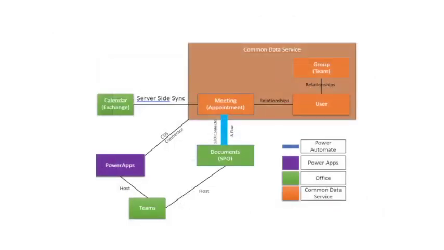The main piece of technology here was the server-side sync that allows you to sync appointments, or your calendar, between Exchange and the appointment or meeting entity in Common Data Service. There was a need here to talk to the document library for SPO to store all of the documents that the board members needed to access.